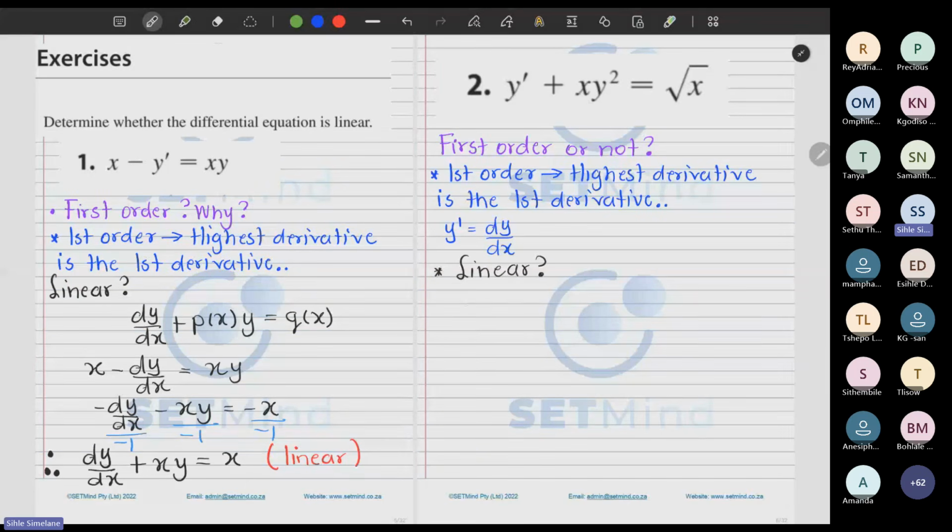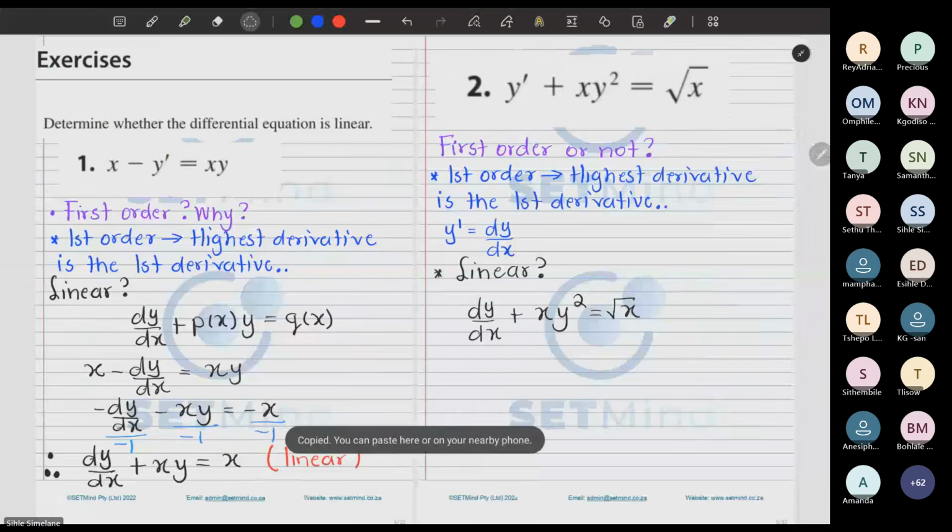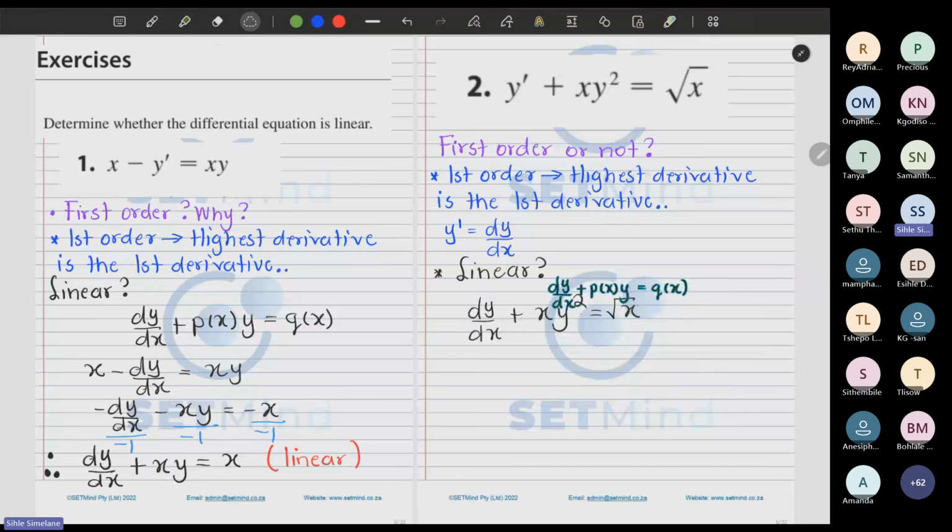And we'll go into how we test linearity later, but plus xy squared equals square root of x. Is this, guys, linear? Given how you learned how the standard linear differential equation looks like, we copy it. So my question is, is that linear?